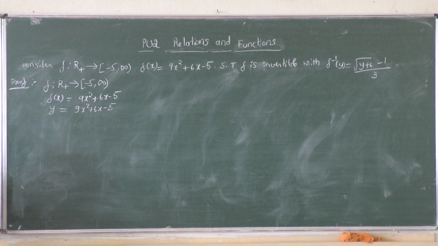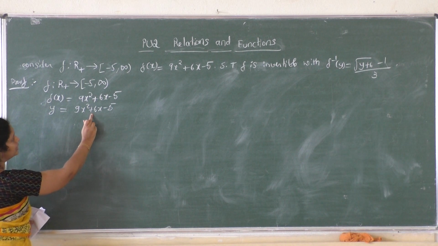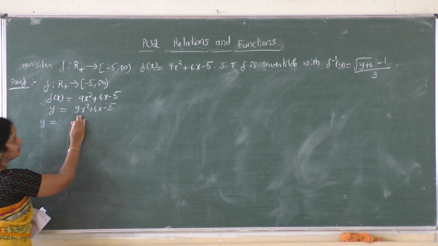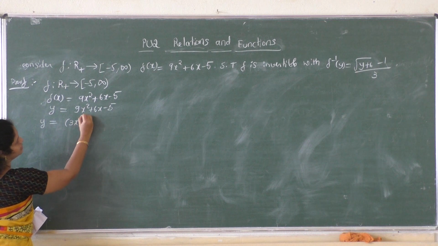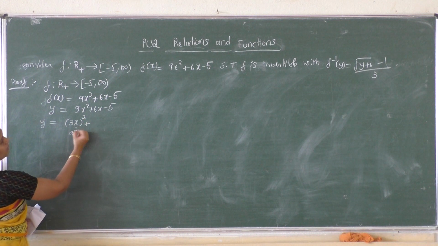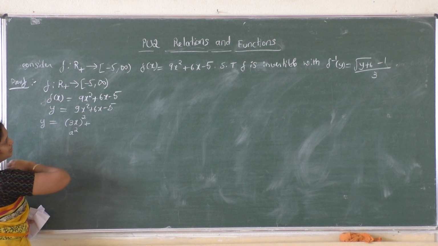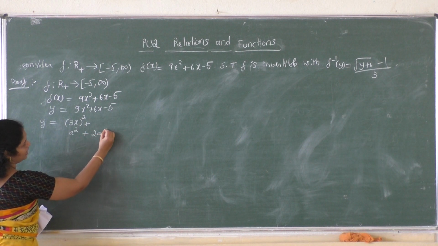So again you can see, 9x square plus 6x minus 5 is quadratic. So we can write y, using the completing the square method, 9x square as 3x whole square, that is a square, which is 9x square, plus 2ab.